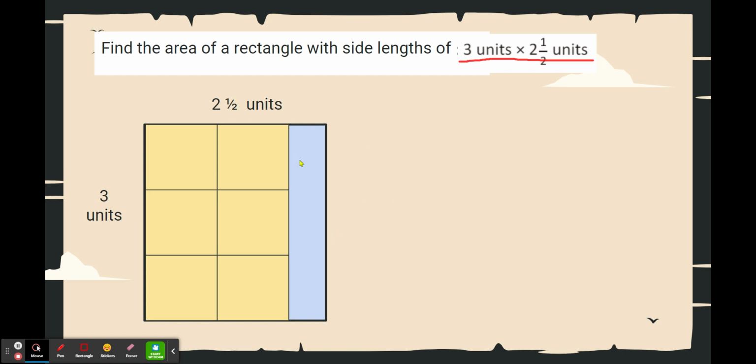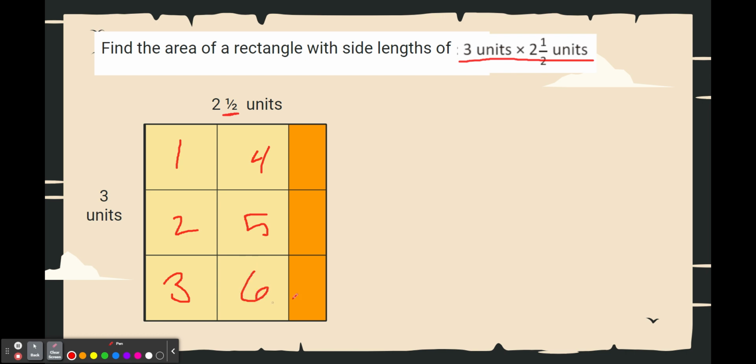Now I have a little bit more space, but it's not going to be a third unit. I have 2.5 units. So let's go ahead and cut that unit in half and get 1/2 unit going all the way down. So if I were to count these up, I have 1, 2, 3, 4, 5, 6 square units, but I have a little bit more. So I have 1/2 3 times.